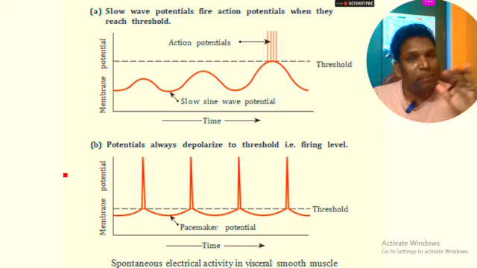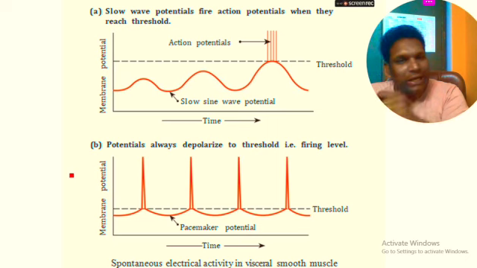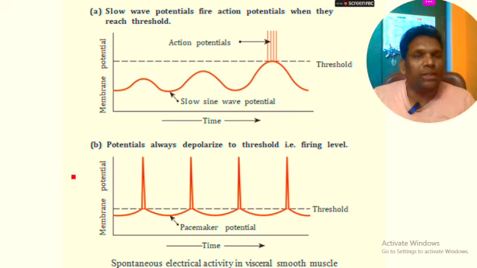Three types of action potentials are formed. One is the spike potential, as you can see over there. Number two, spike potential initiated by slow wave rhythm. Number three, action potential with a plateau. First, the spike potential.